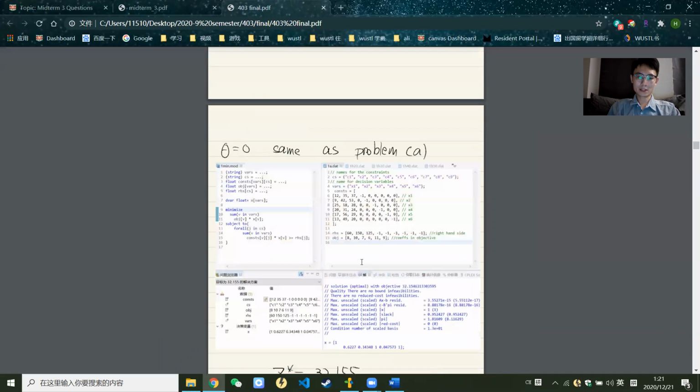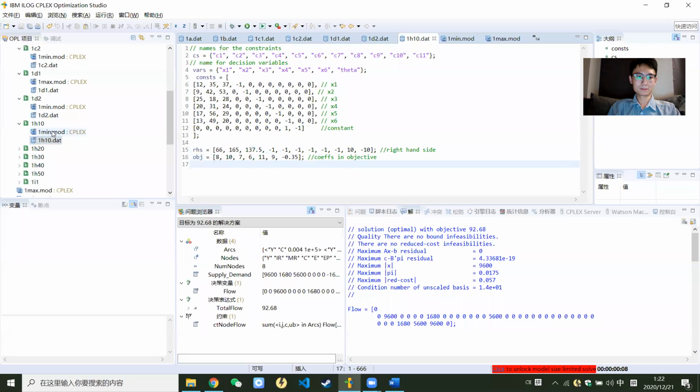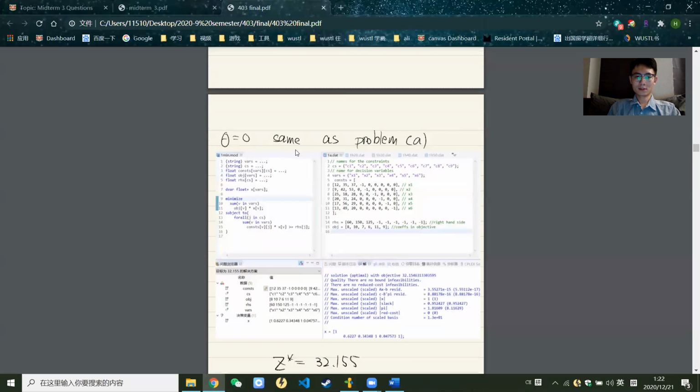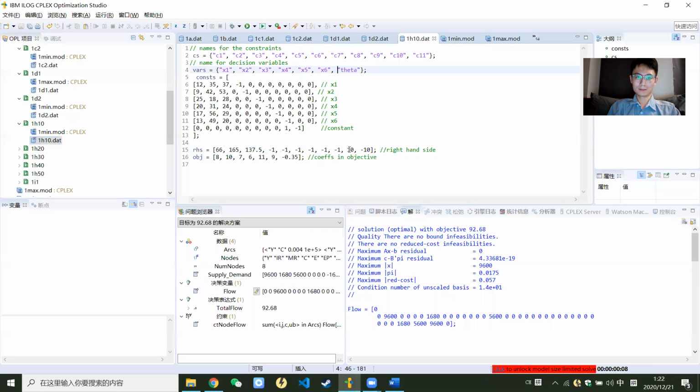Here it is a little tricky to implement in IBM CPLEX. I will show you. For example, the mod file is the minimized mod file and nothing changed. But here we want to have the theta. So basically, I just add two constraints. One is theta bigger or equal to 10, and another one is theta smaller or equal to 10.